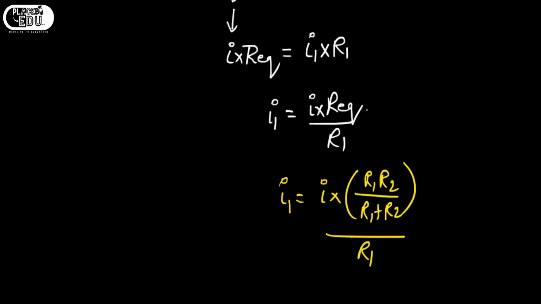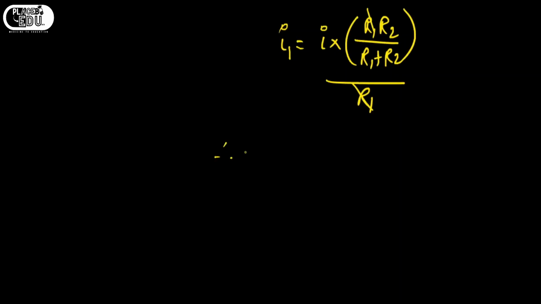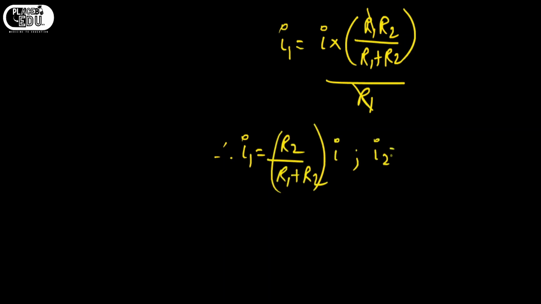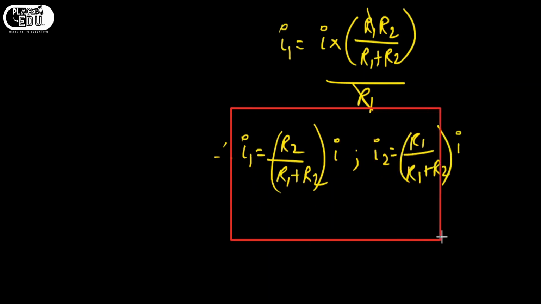whole divided by R1, cancel. Therefore, we have I1 is equal to R2 by R1 plus R2 into I, and similarly I2 will be R1 by R1 plus R2 into I. This is another result which everyone should learn and remember.